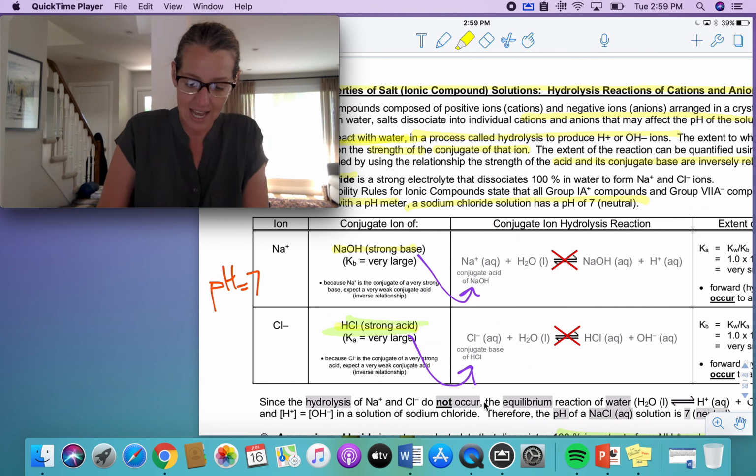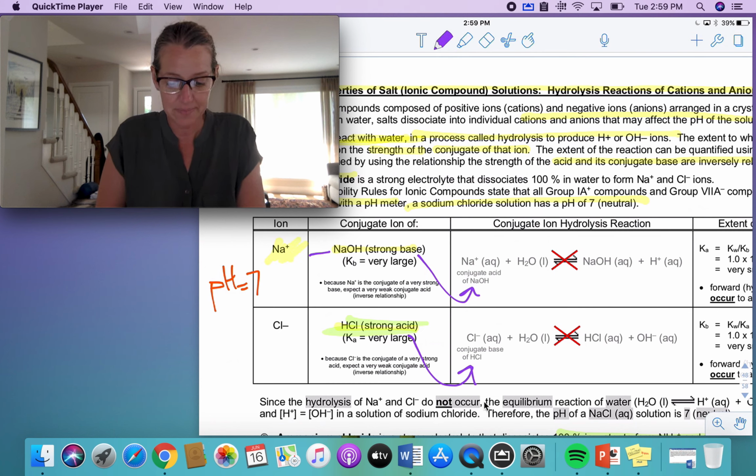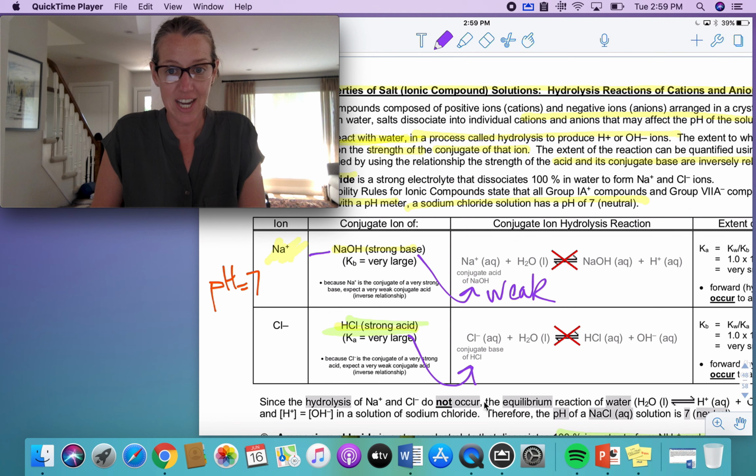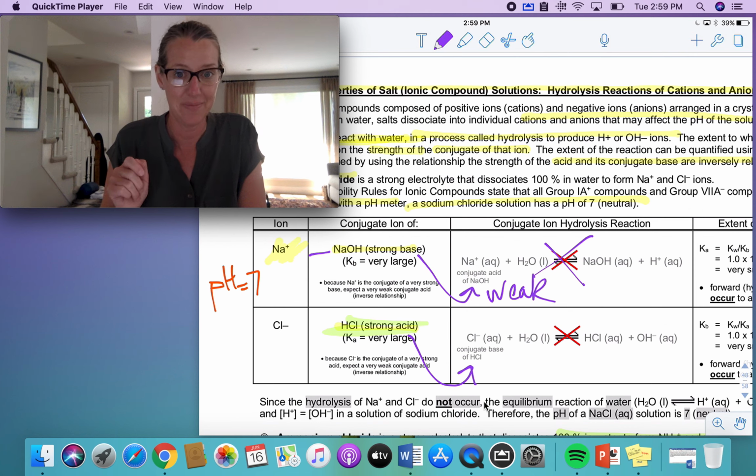Okay, so can you see that you got this ion from a strong base? That ion will then produce a weak conjugate acid. And it's weak, it's not strong enough to pull any water apart, and so you don't get any hydrolysis of the water from the sodium ion.